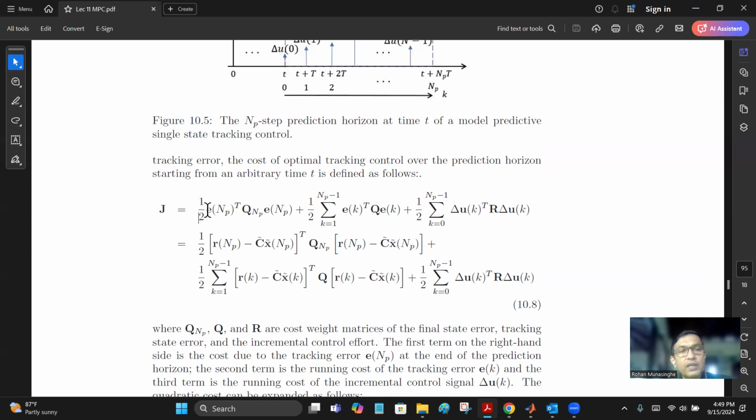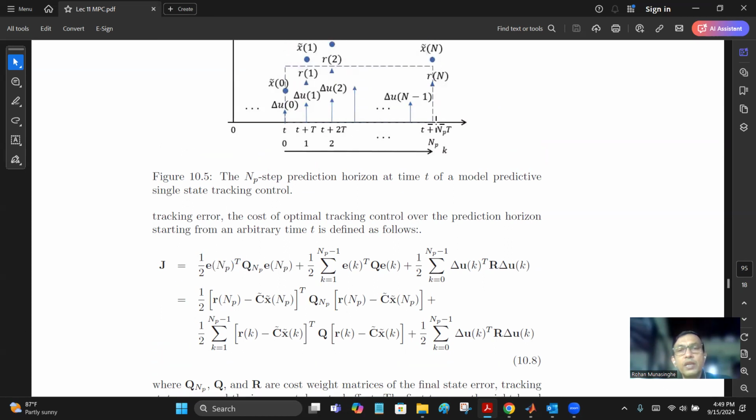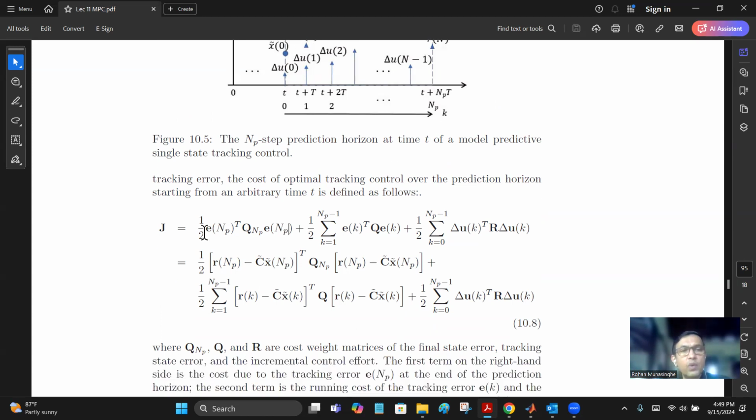The first part here is the error at the final point within the prediction horizon. At the end, what is the error? E NP transpose Q E NP. Any error at the end of the prediction horizon is a cost.